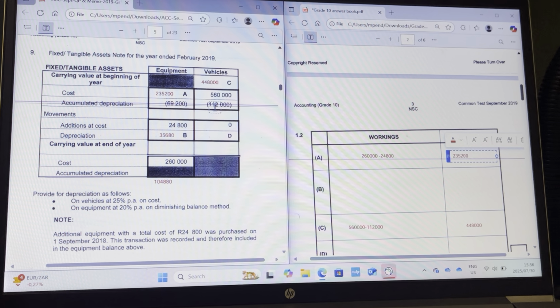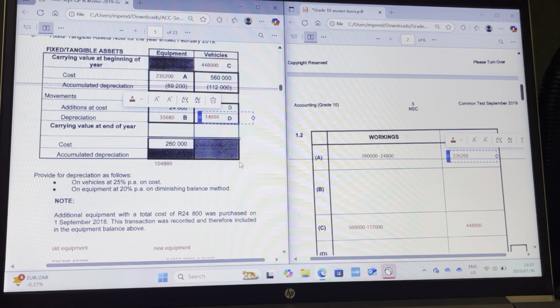So 560,000 times 25%. That is 140,000 worth of depreciation. Now these amounts also affect your statement of comprehensive income. So therefore these amounts would have to be shown in that statement.